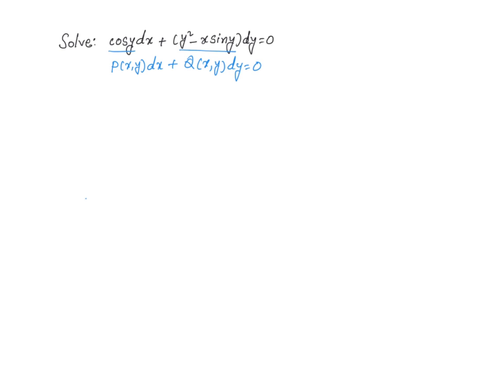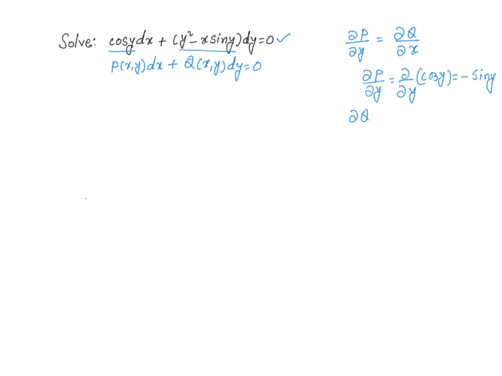Now, to ensure that this is actually an exact differential equation, we need to make sure that del p over del y is actually equal to del q over del x. And let's find these partial derivatives. Del p over del y is equal to del over del y of cosine of y, right? So the derivative of cosine of y is negative sine of y.